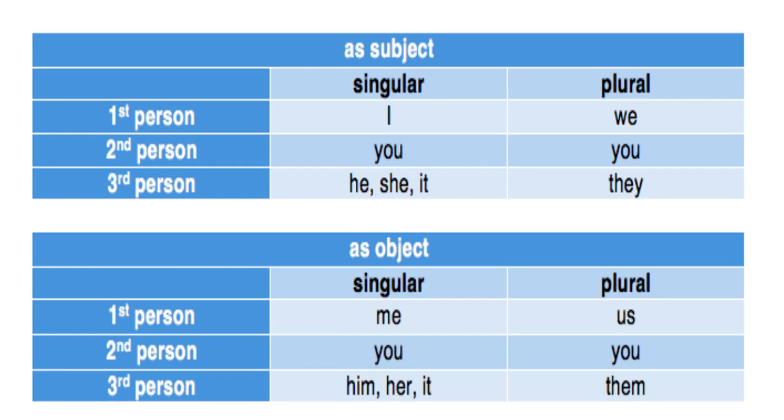Singular forms for subject are I, you, he, she, it. For plural, it is we, you, they. First person, second person, third person objects of singular form are me, you, him or it. And plural forms are us, you, them.